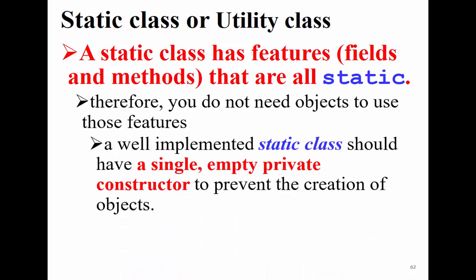So this class has an empty private constructor. Why would someone create a utility class with an empty private constructor? Can anyone give me an example of a static or utility class that they worked with so far, or saw us working with?